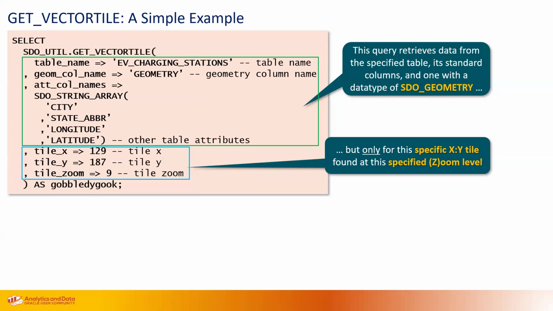Please figure out which tiles they would be in. Oh, and note that SDO_STRING_ARRAY. Huh? What's going on there? I'm pulling other column names. The city, the state abbreviation, the longitude, and the latitude of any points that are inside that table.